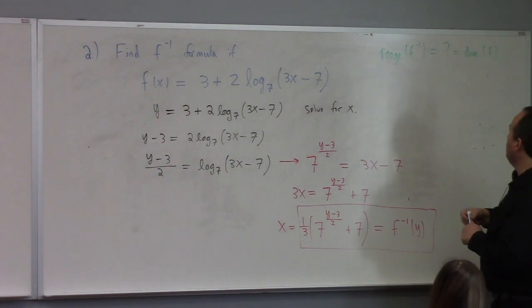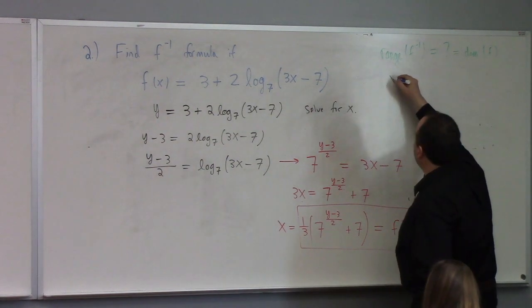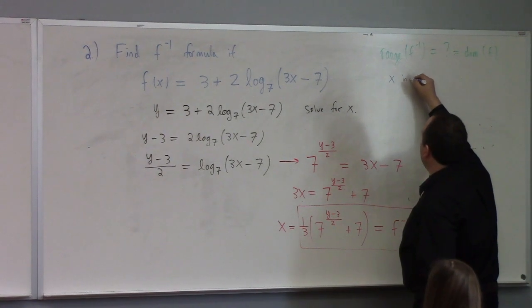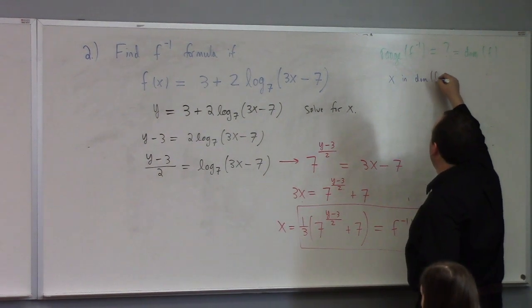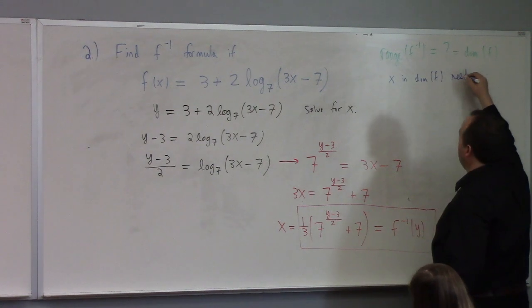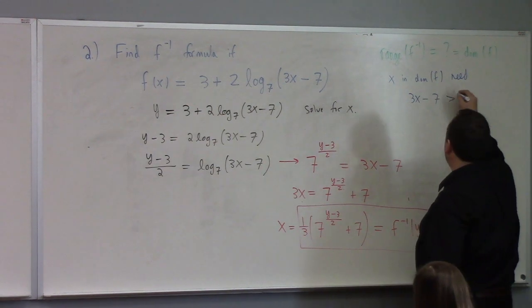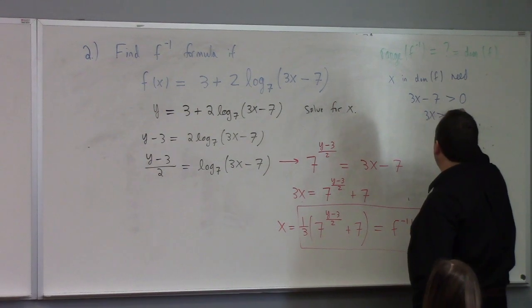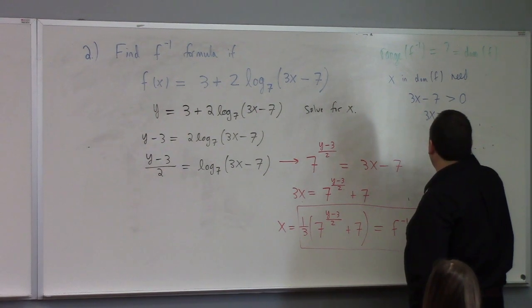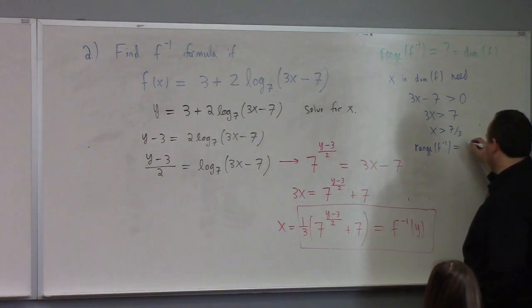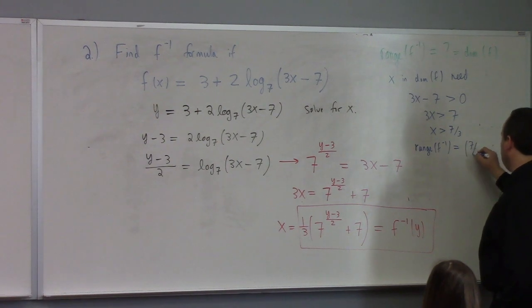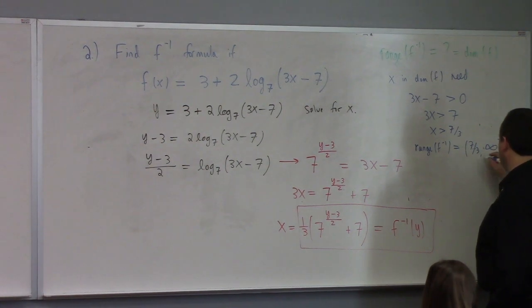So for x to be in the domain of f, we need 3x minus 7 to be greater than 0, which means 3x has to be greater than 7, which means x has to be greater than 7/3. So in fact, the range of f inverse is precisely 7/3, not included, all the way to infinity.